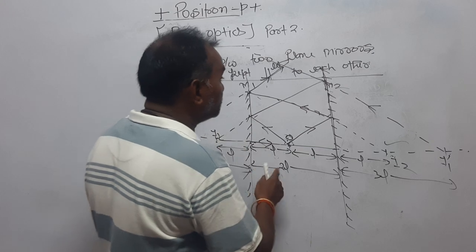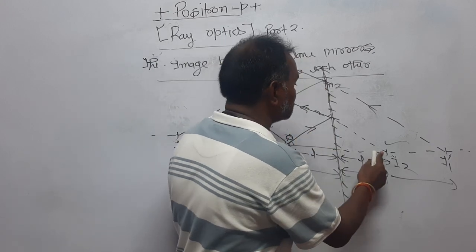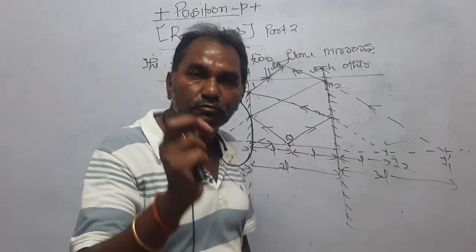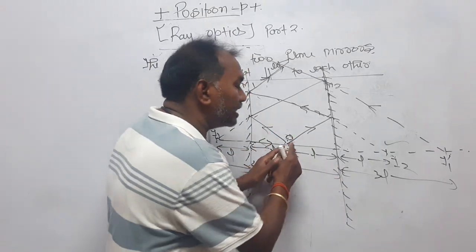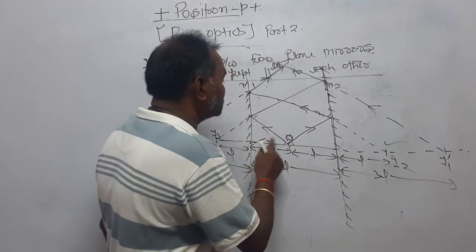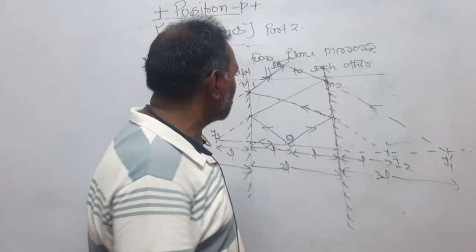Let it be I1. The image of object O is made by M2 at distance L, because the distance between the two mirrors is 2L. For convenience, I have kept the object just at the mid of the two mirrors. So it is L distance away from both the mirrors M1 and M2.